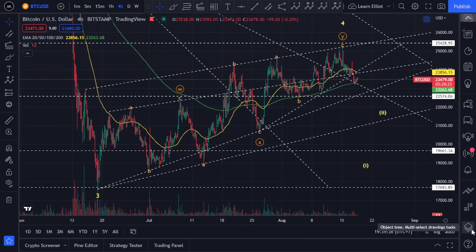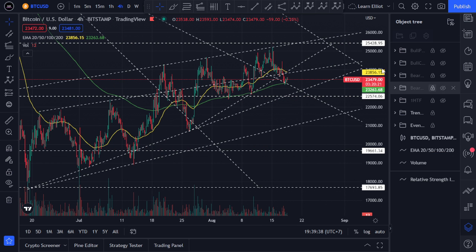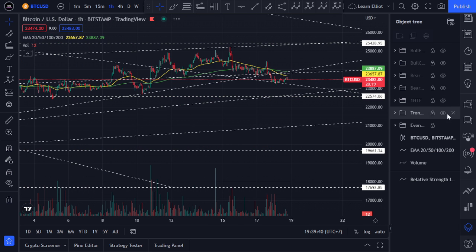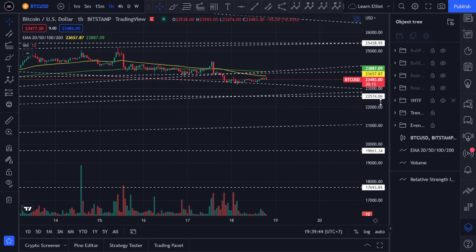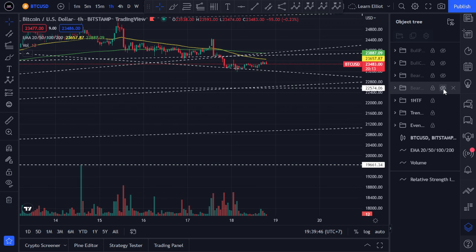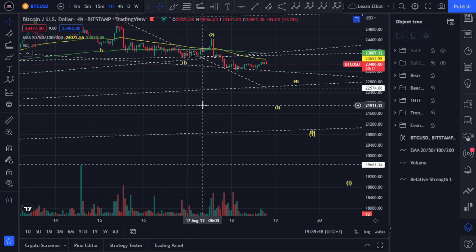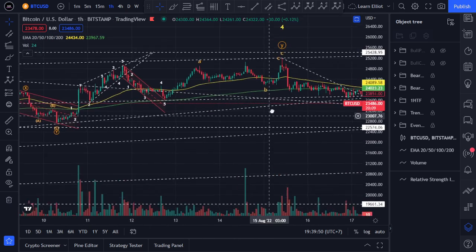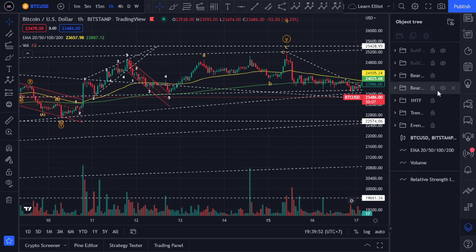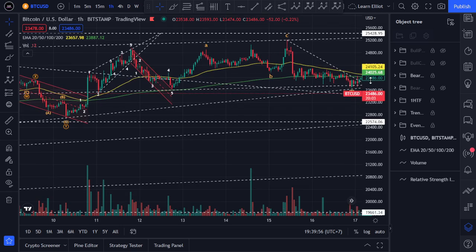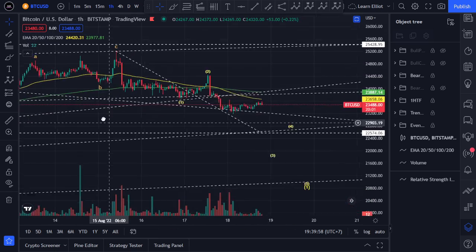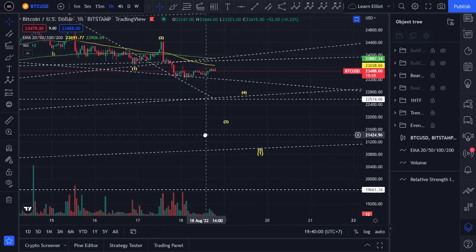So let's zoom out. Let's go to the 1 hour time frame now. So in this bear case scenario, we are now in the 1 hour time frame, and I already zoomed this out. Once again, we have a complete fourth wave already. Now we are going to the first impulsive move down.